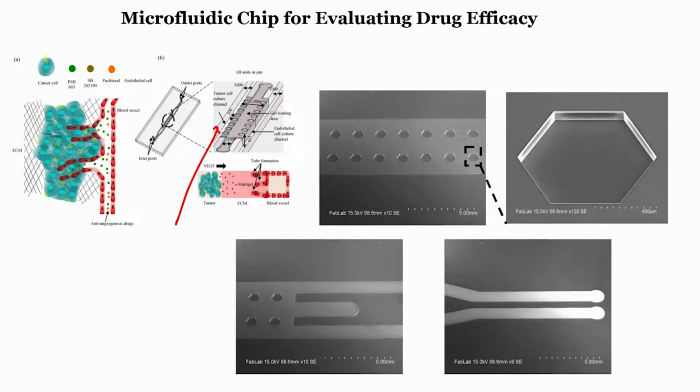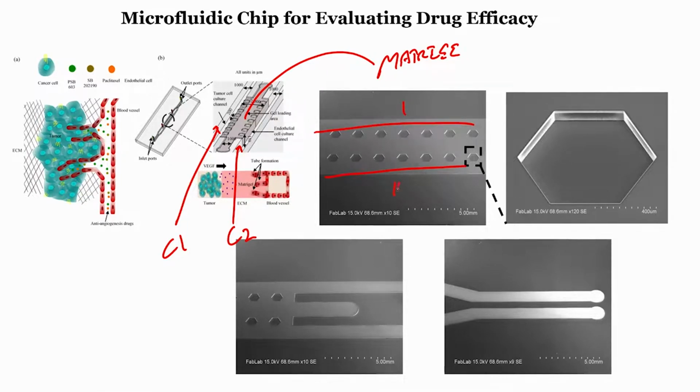Here is channel 1, here is channel 2, and in between there is a Matrigel. You see here also, this is channel 1, this is channel 2, and in between this region there is a Matrigel.